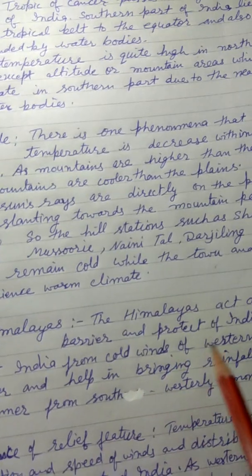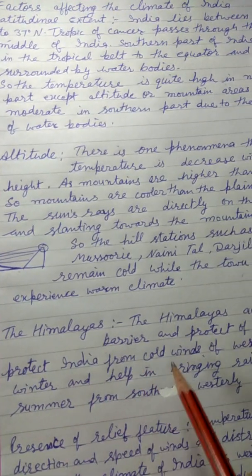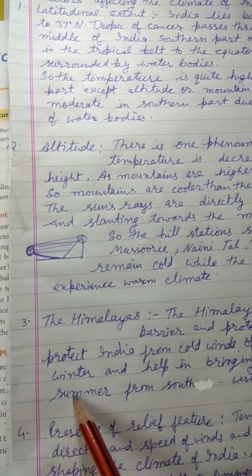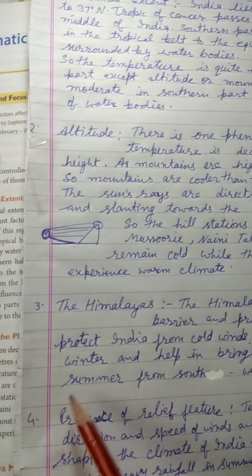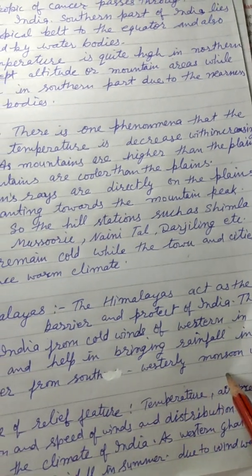The Himalayas act as a barrier and protect India. They protect India from the cold western winds in winter and help in bringing rainfall in summer from the southwesterly monsoon winds.